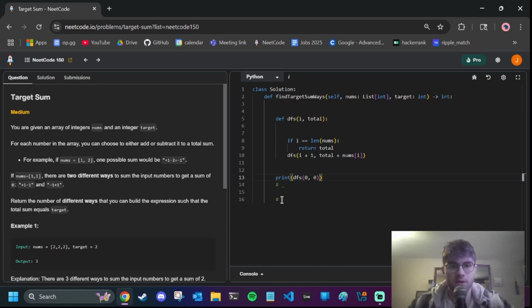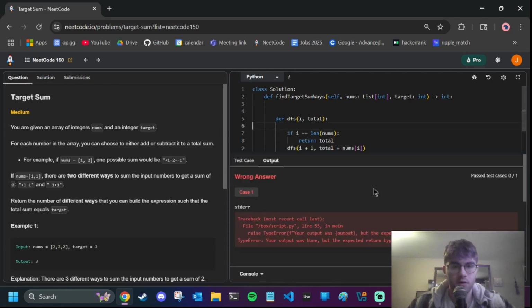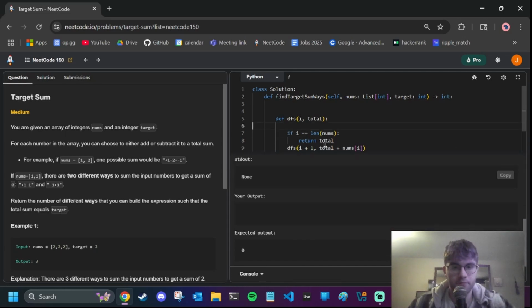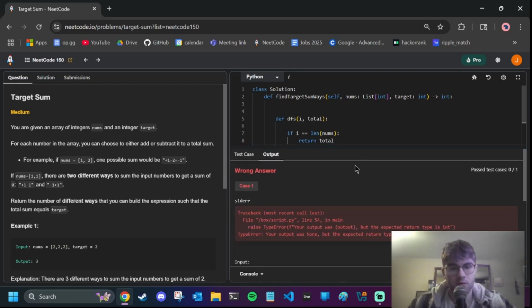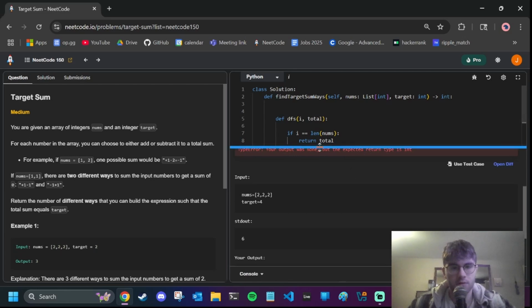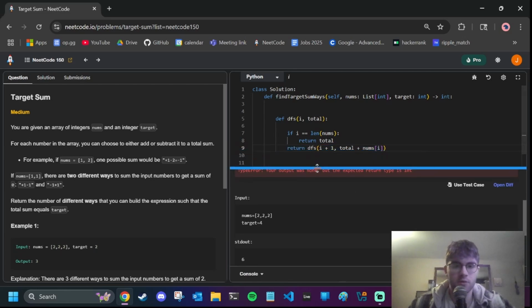Okay, so this should just sum it together. I'm not printing anything. It doesn't return anything. Okay, yeah, so it sums it together.